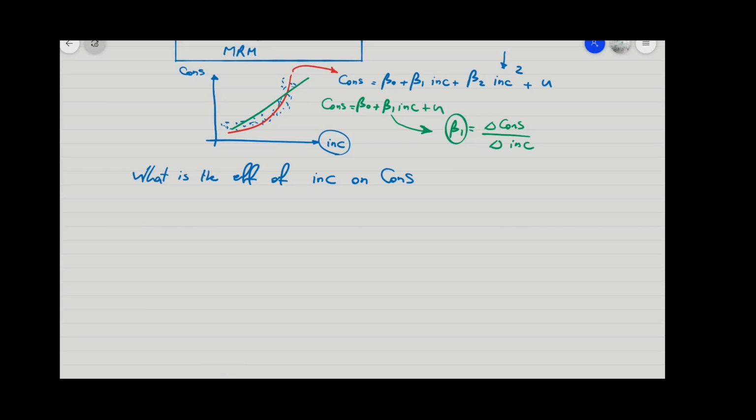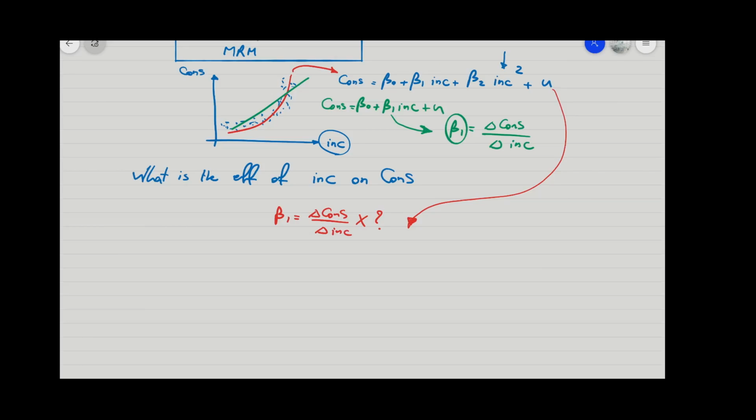What about this model? Am I able to say that beta 1 is equal to changes in consumption divided by changes in income? The answer is no. Because remember, what are we doing here? I think that now's the right time that I can talk about derivatives to you guys, and hopefully you have an understanding of what a derivative is, right?